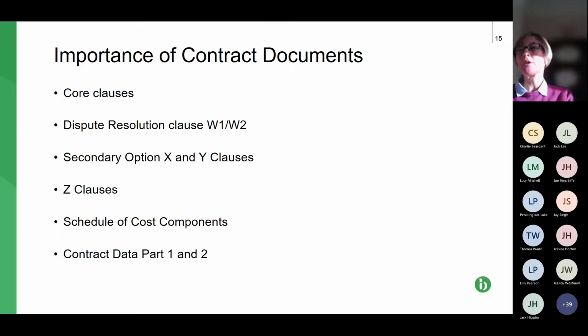You also need to make sure that your letter of intent contains any key clauses that you require. So we mentioned earlier, particularly any cap on liability, or any limitation of your liability. And I say that because quite often parties start work on a letter of intent, and the contractor doesn't include a cap or limitation of its liability, even though it might have been included in its tender.